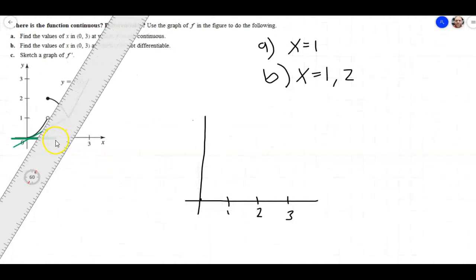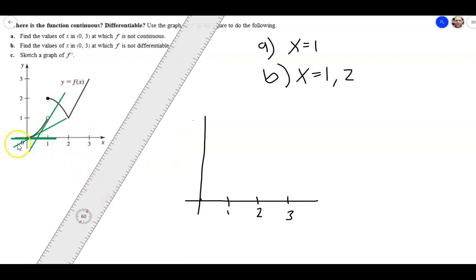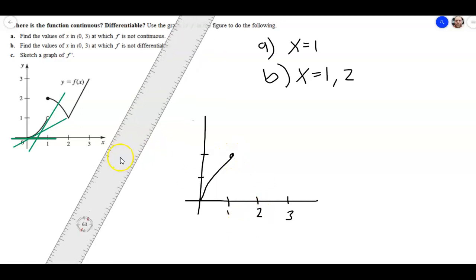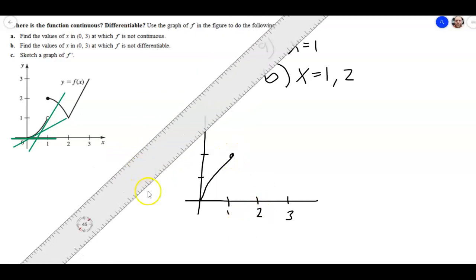Maybe that slope is around 2. So we're going from gradual, that's a slope of 0, to around a slope of 2. So this first piece is just going to go straight from 0 all the way up to 2 and stop somewhere around there.